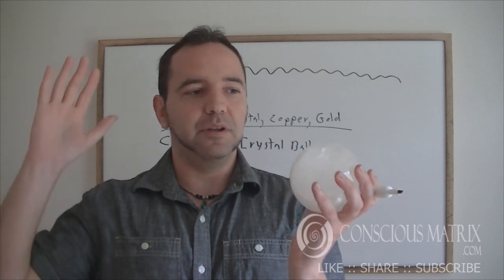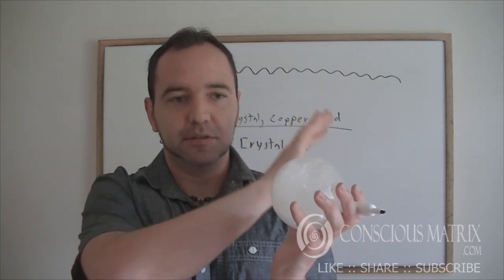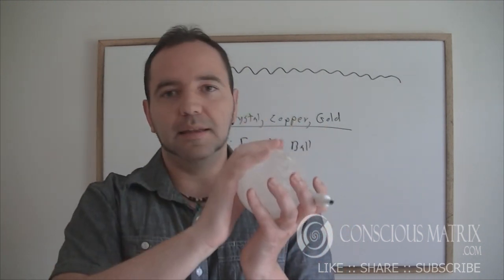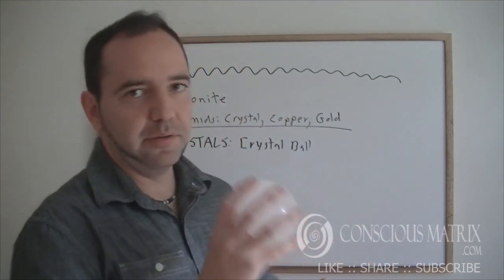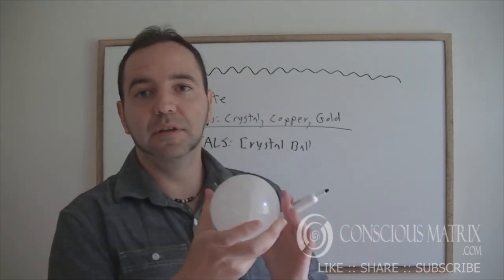At the same time, you're imagining that chemtrail becoming dissolved. You're programming that in through your consciousness, through a crystal ball or maybe a quartz crystal, crystal shard, crystal wand, etc. Whatever you feel connected to use.